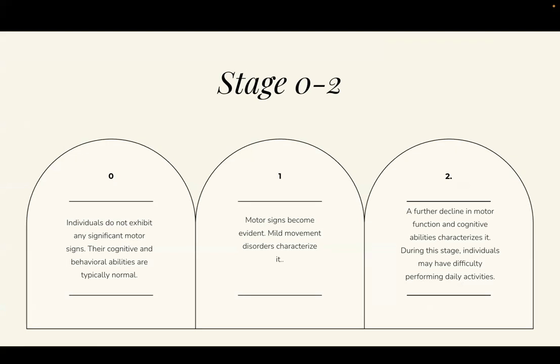Stage two is the early intermediate stage, and this is a further decline in motor function and cognitive abilities. Individuals may have difficulty performing daily activities and they may need help with some tasks. The first symptoms in this stage are the motor ones. They become very pronounced and frequent. Balance issues become noticeable.